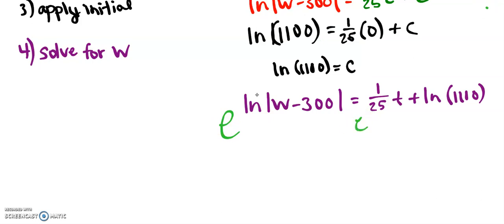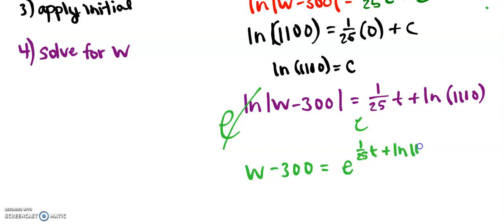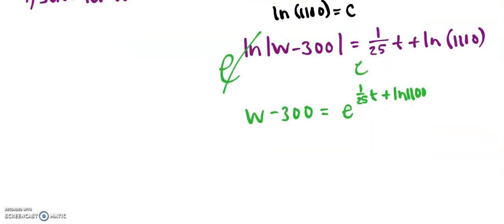So I'm going to do the e on both sides. And remember, this will end up being e to the 1/25 t plus the natural log of 1100. Keep writing 1,000 instead of 1100. So continuing to clean that up, W equals e to the 1/25 t times e to the natural log of 1100.